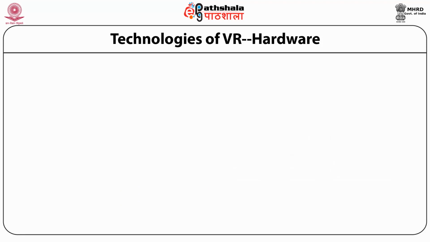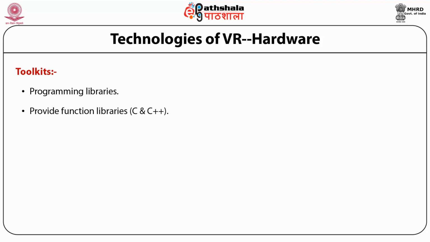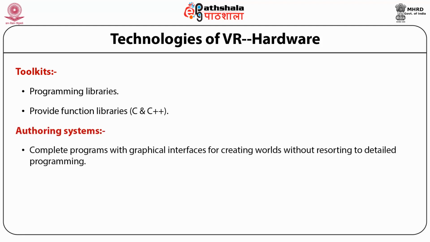The technologies of virtual reality in software. Toolkits that include programming libraries provide function libraries, which include C and C++. Another technology is authoring systems. These are complete programs with graphical interfaces for creating worlds without resorting to detailed programming.